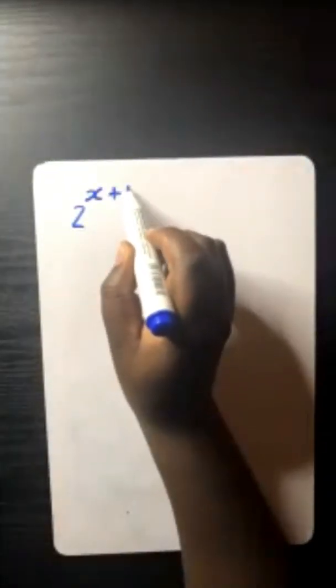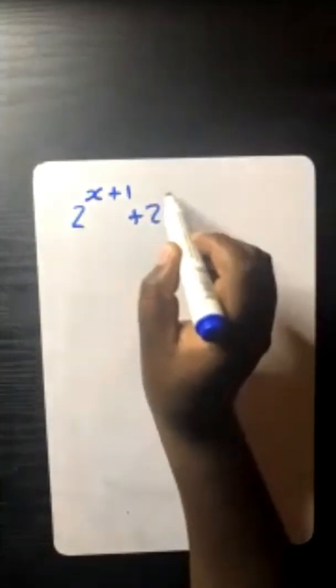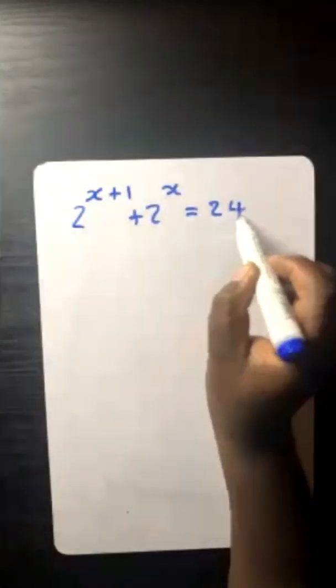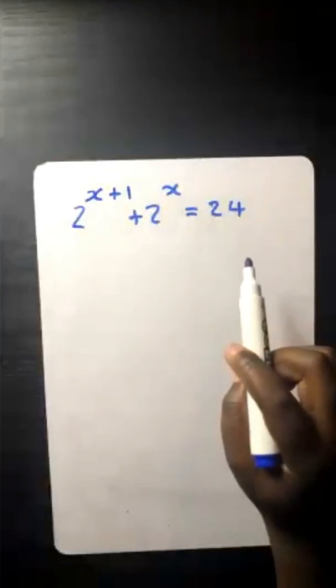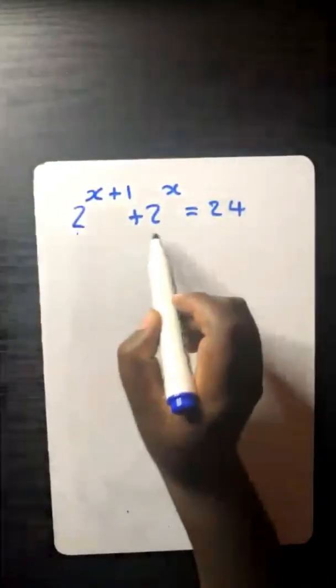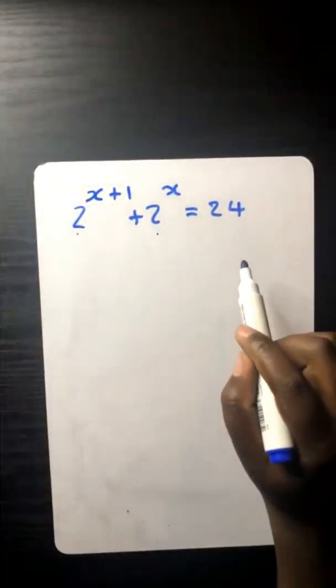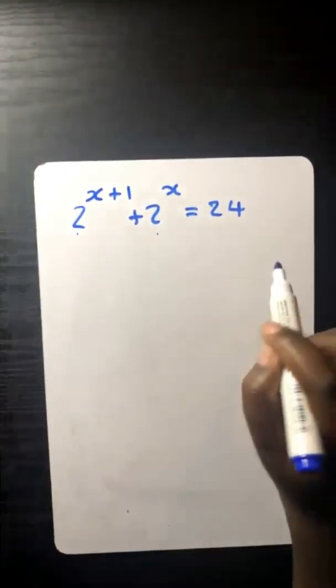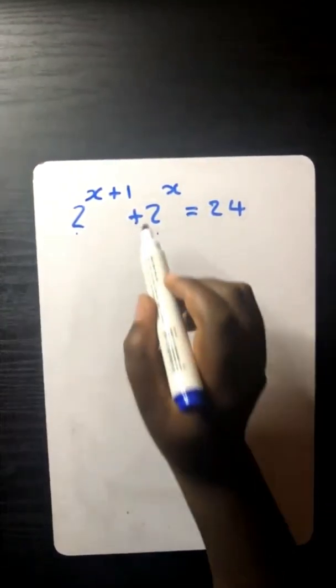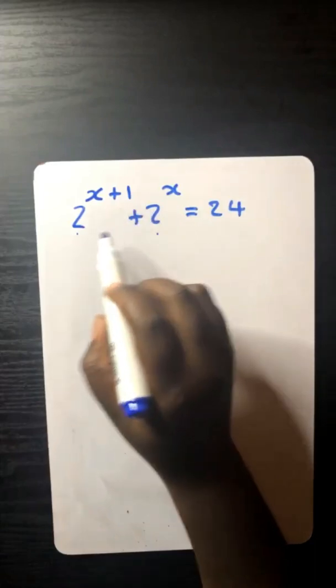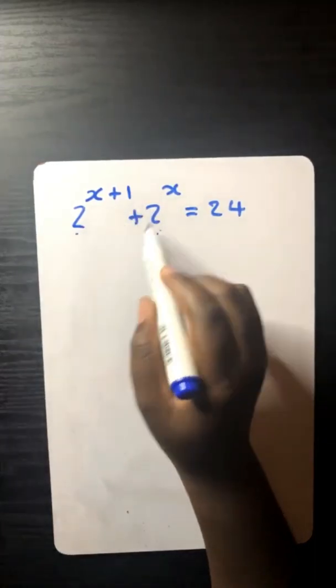Yes, sir. 100%. So the other question is 2 to the exponent x plus 2 to the exponent x is equal to 24. So we've got 2 bases on the left. Remember, in this case, because of that sign which separates the 2 terms, it could be a sign of a plus or a minus.